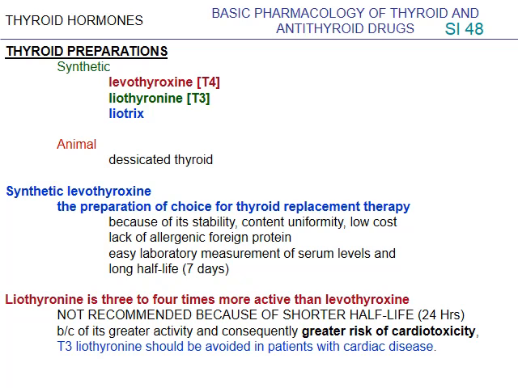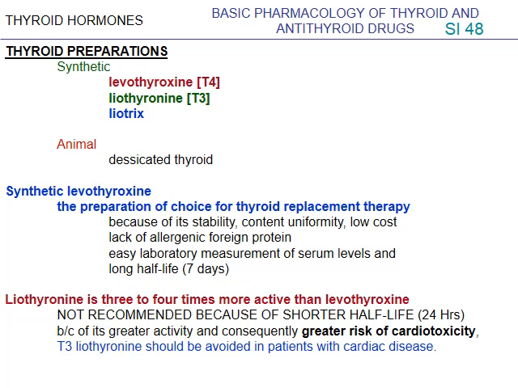Synthetic levothyroxine is currently the preparation of choice for thyroid hormone replacement therapy due to its stability, its uniformity, its low cost, its lack of an allergenic foreign protein, easy lab measurement of serum levels, and its long half-life of about a week.